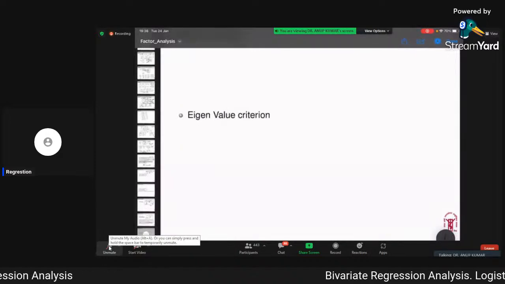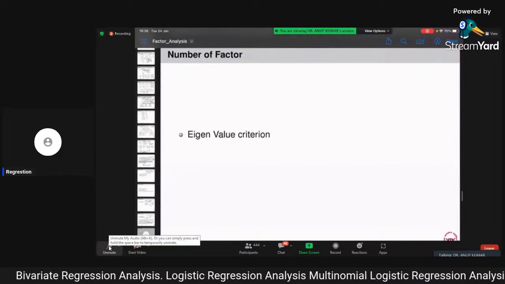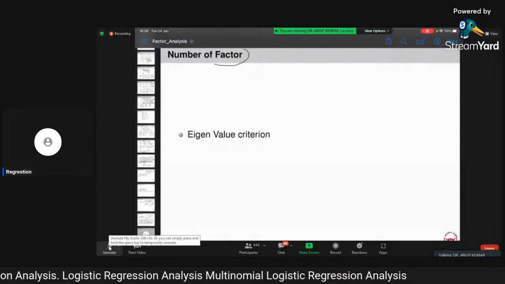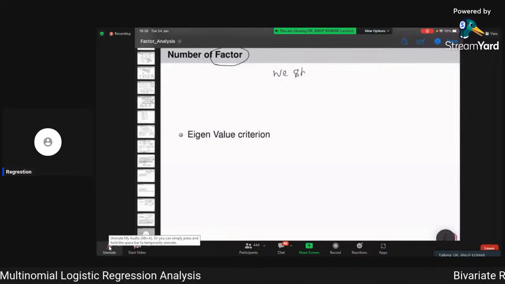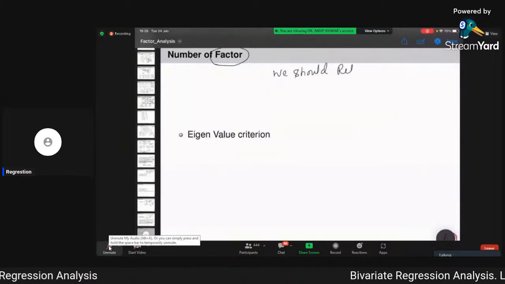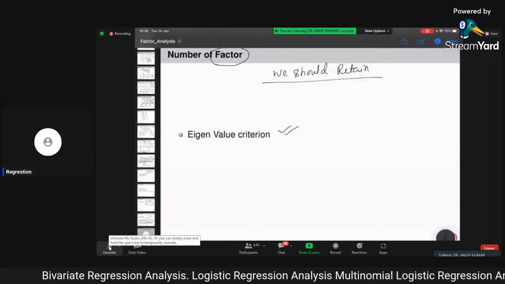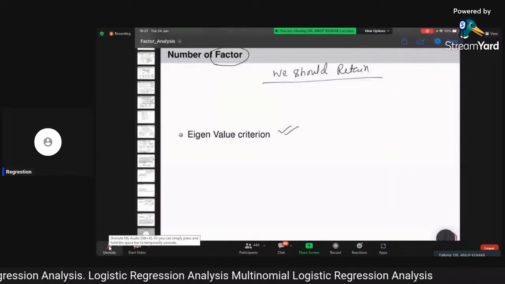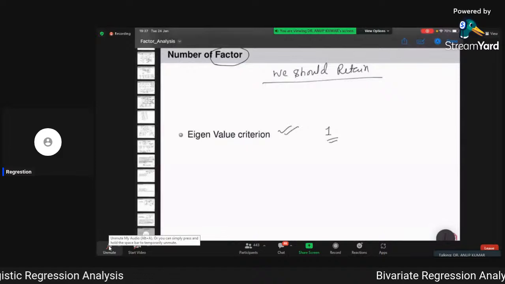Now, another very important thing: in exploratory factor analysis, how many factors should we retain, and how do we decide that? One criterion is the eigenvalue criterion: all the eigenvalues which are more than 1 should be taken into consideration.